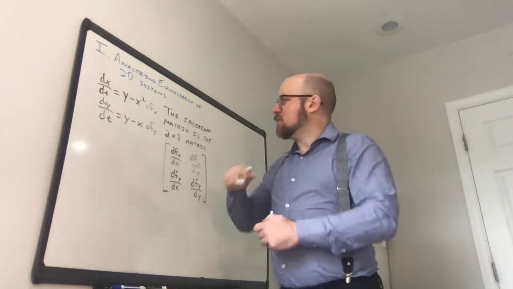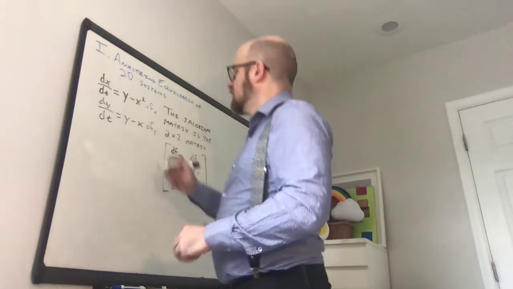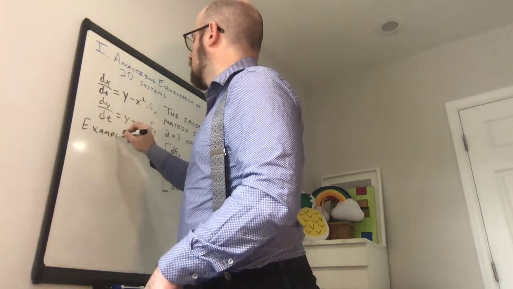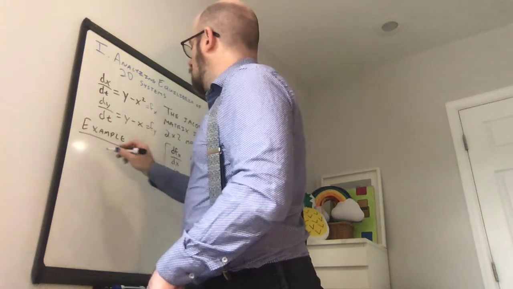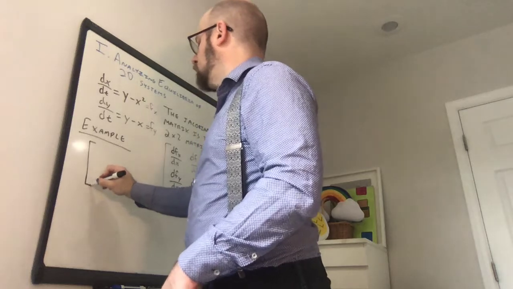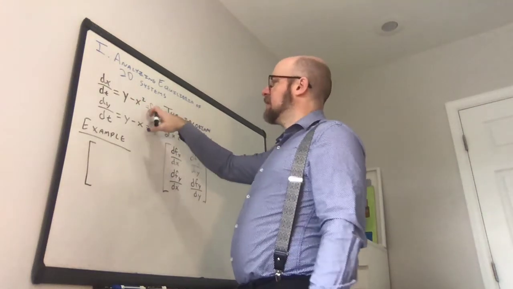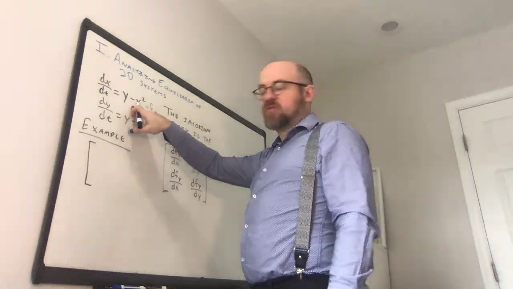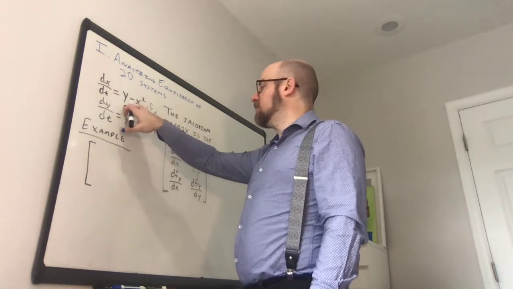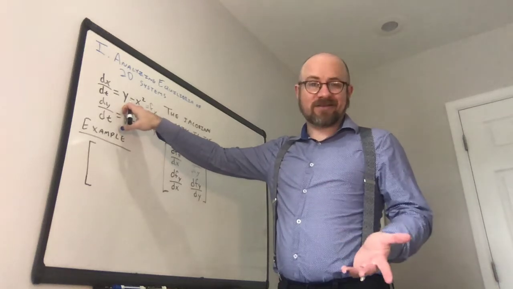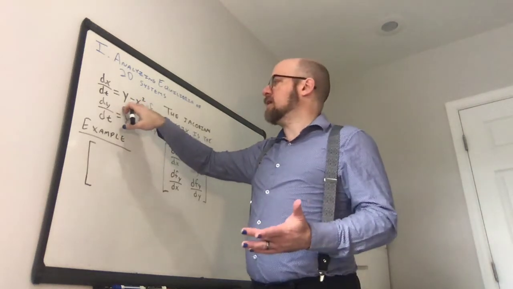Okay? And so in this particular example, your Jacobian matrix would be the derivative of f_x, the first equation, with respect to x. So the derivative of y with respect to x is 0. It's a constant with respect to x, so that becomes 0.